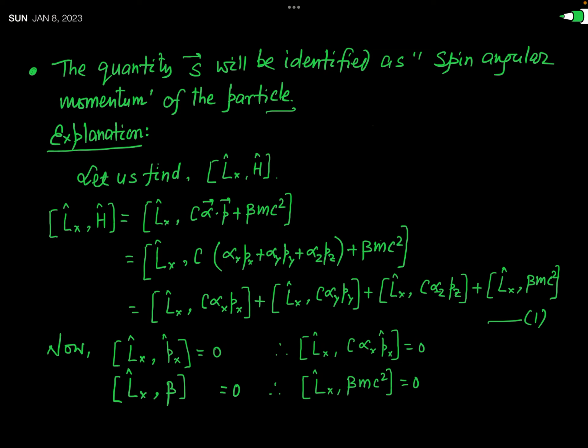But how can we say that the Dirac particle has a spin angular momentum? For this, let us look at the origin of this spin angular momentum. Regarding this, let us first find the commutator of Lx hat and H hat.